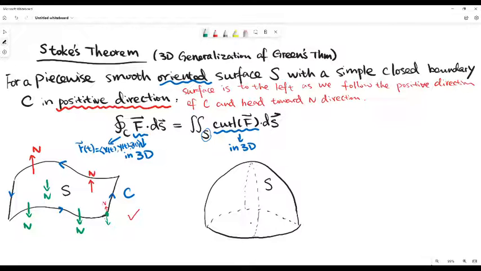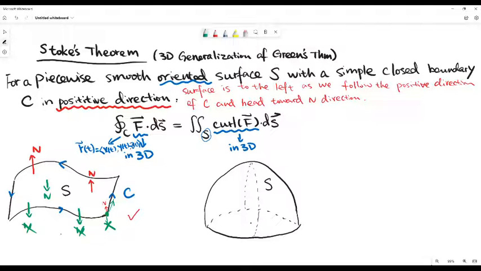And if I'm standing head down and walk along the curve C in this direction again, you can see that my surface would be to my right instead of to my left, right? So this will not be the positive direction of the curve. We need the curve to go the other way, clockwise, right, to match with the downward orientation of the surface.